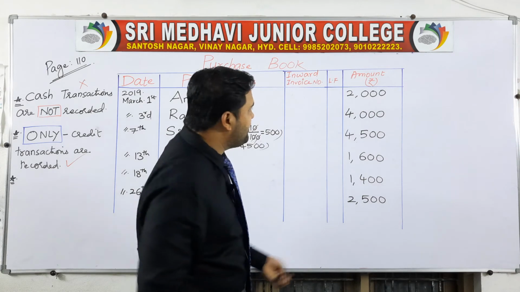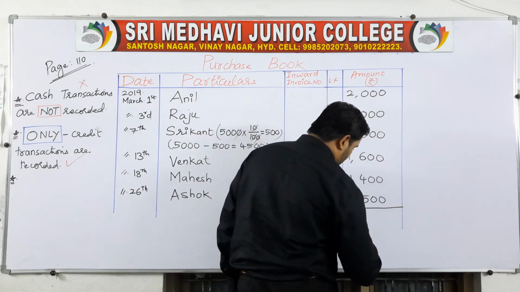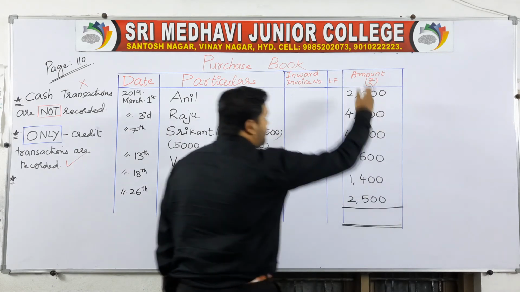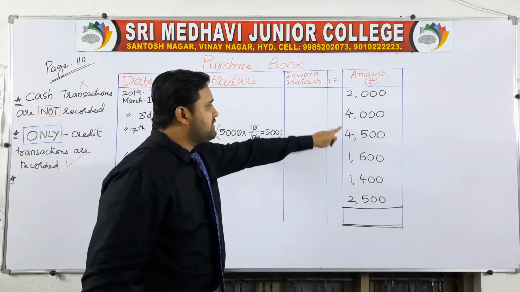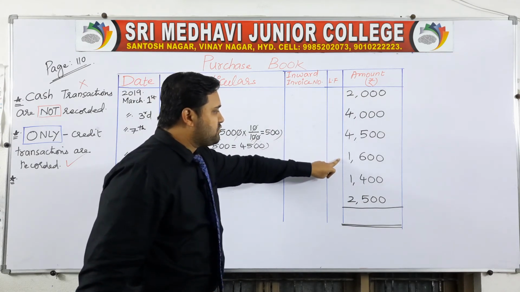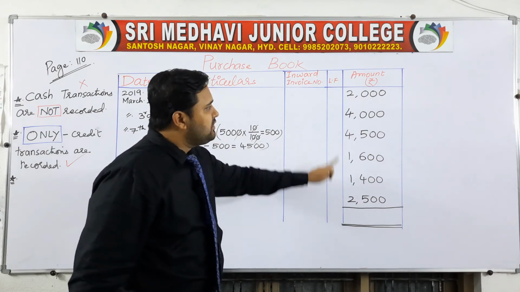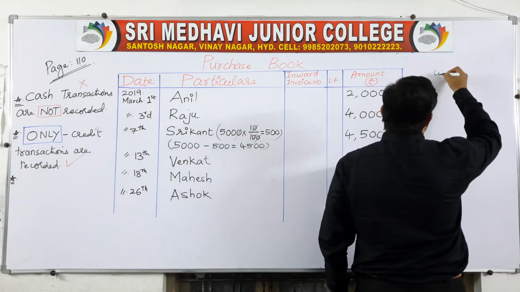In the end of the problem, what you need to do is calculate the total of these purchases. 2000 plus 6000 plus 4500 plus 1600 plus 1400 plus 2500. You go for the calculation, then you will come to know the total purchases.